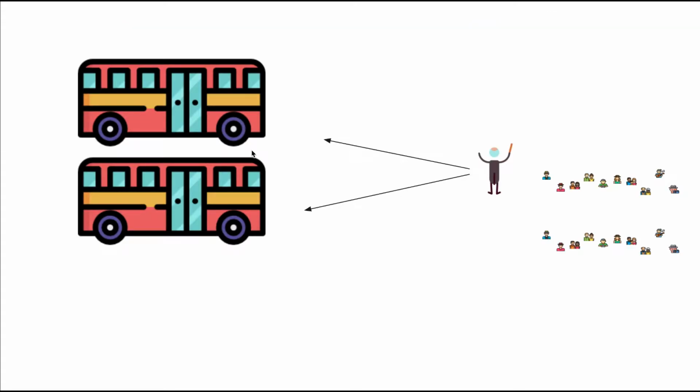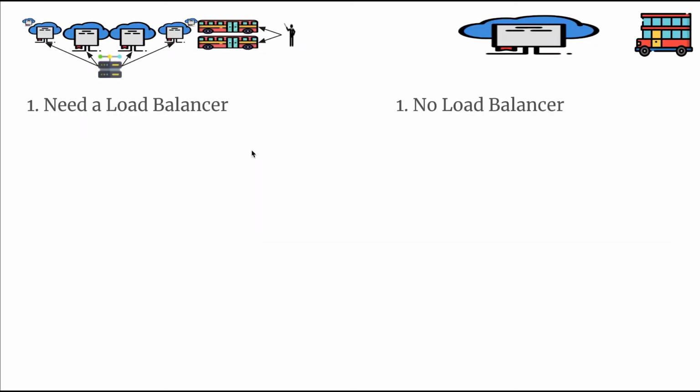Let's use the bus analogy again. If you use multiple buses, you need a conductor to make sure people go on the right bus depending upon their preference and the bus load, and act as a gatekeeper. In the same way, when you design a system, you have a conductor known as the load balancer, whose job is to send traffic to your machines.